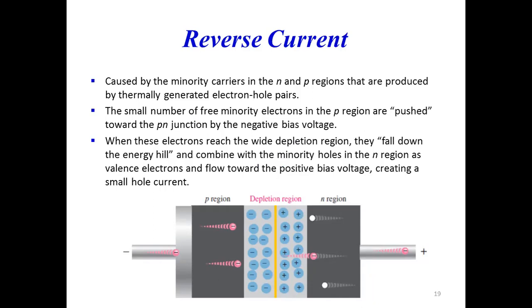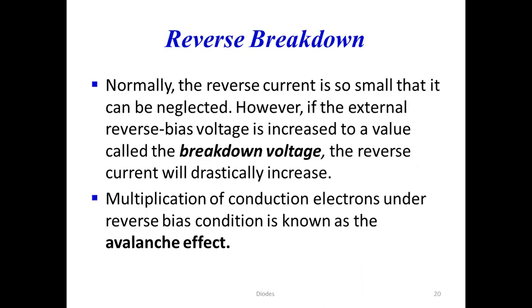Reverse current as well as forward current, both currents are temperature dependent, because in a semiconductor, we get currents because of majority carriers as well as minority carriers. Now, what is reverse breakdown? I will explain this particular reverse breakdown from its characteristics. See here.